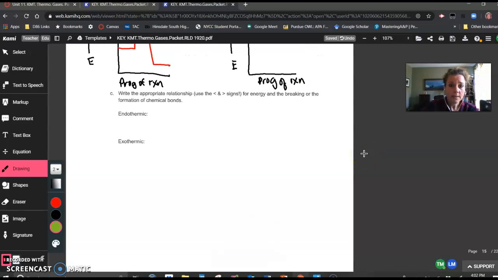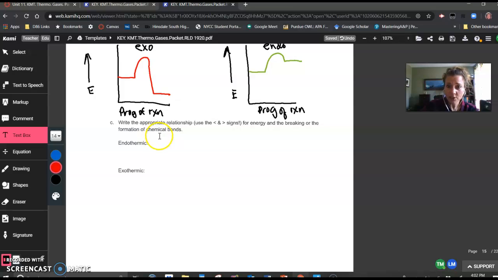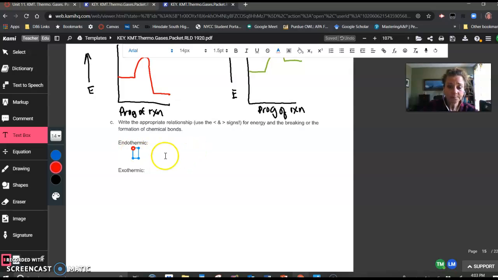Okay, next, it says, write the appropriate relationship, use the lesser or greater signs for energy and the breaking or the formation of chemical bonds. So in an endothermic reaction, my energy in is greater than energy out.